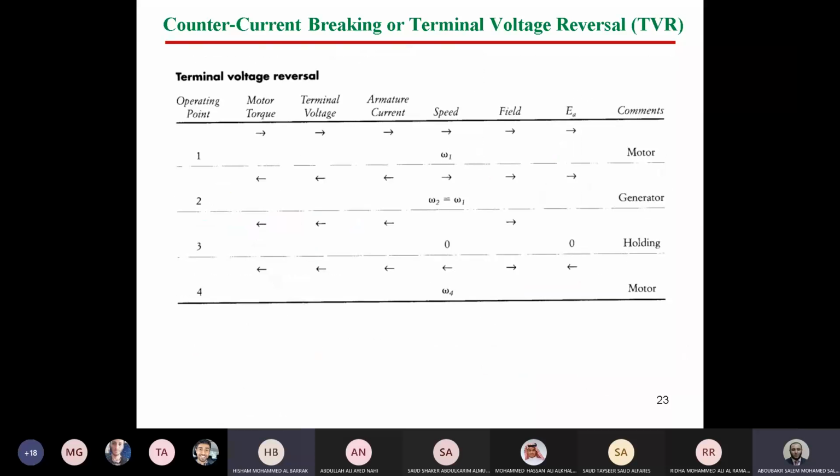Okay, thank you. So, guys, as a summary for the terminal voltage reversal or counter current braking, let's summarize the signs of all modes again. For motoring at operating point number 1, the motor torque is positive, terminal voltage is positive, current is positive, and speed is in positive sign or direction.